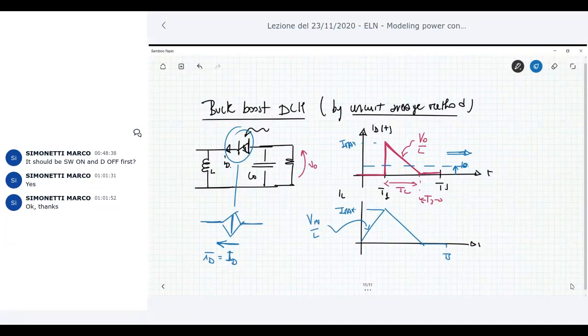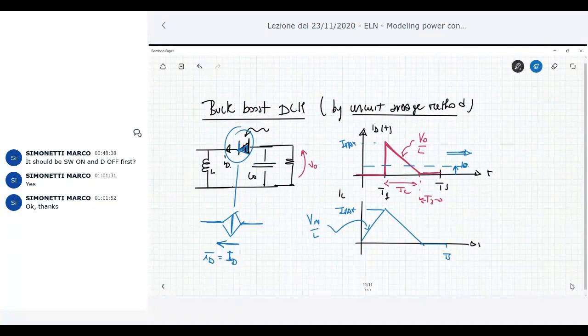This is the main idea of this method. I have a variation which is something time variant, so let me replace this time variant component by a time invariant component, like a current source which has the current equal to the average value of the current flowing through the diode.